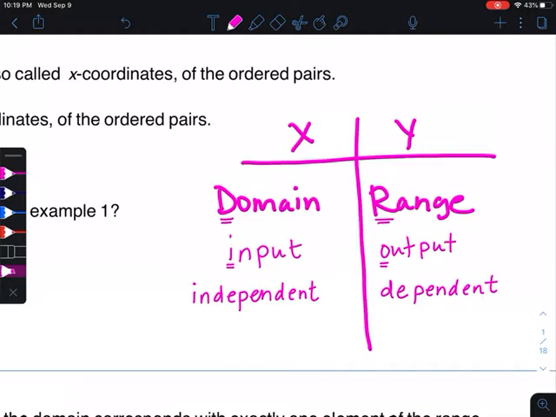Now that does not work with our independent and our dependent, but if you think about the fact that our input is independent, those go together. So alphabetically, domain and range, input and output. The independent goes with the input, and the output is what is dependent. If that helps you remember it. If not, find your own way to keep track of what those are.